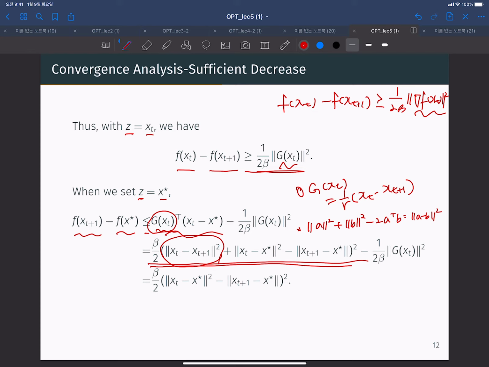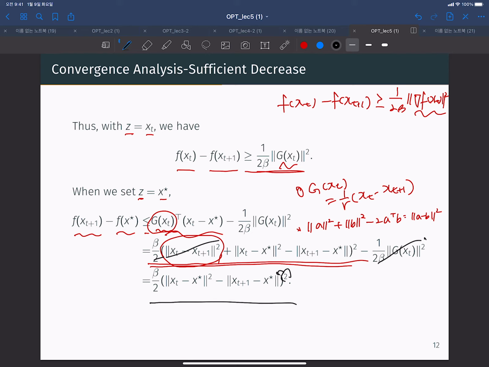Since gamma is 1 over beta, we can remove this one using this one. So in the end, we have f(x_{t+1}) minus f(x star) less than or equal to beta over 2 times (norm squared of x_t minus x star minus norm squared of x_{t+1} minus x star). Oh, sorry, this one comes to here. Okay, it's good. We have our ingredient.